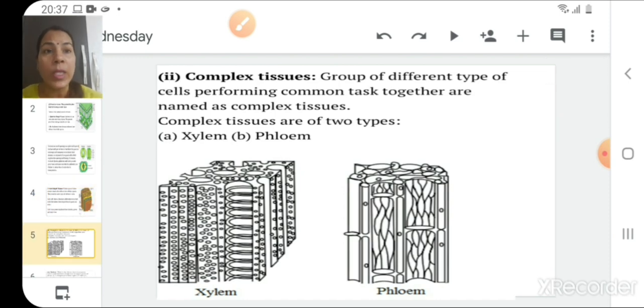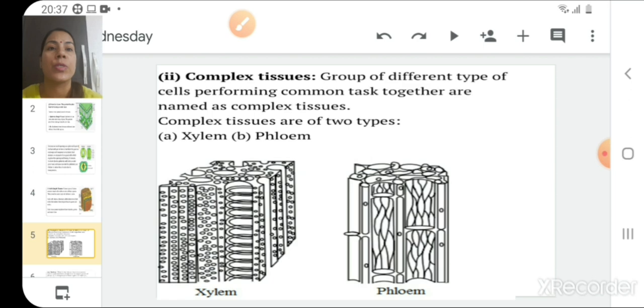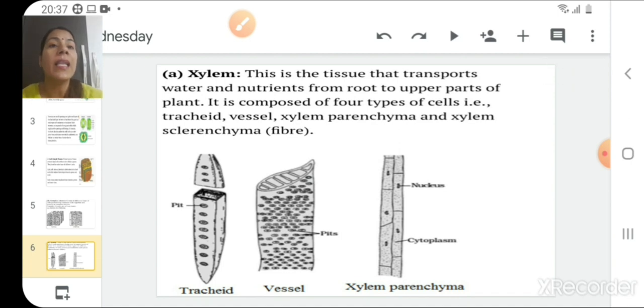Now let us start with the complex tissues. A group of different types of cells performing a common task together is named a complex tissue. These complex tissues are of two types, xylem and phloem. Xylem is the tissue that transports water and nutrients from the root to the upper parts of the plant.